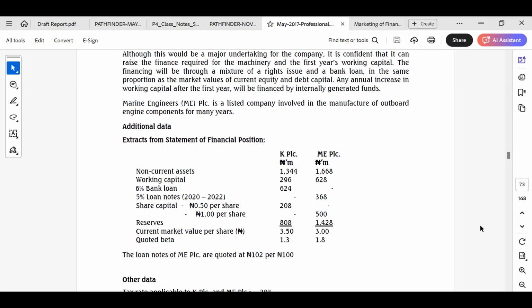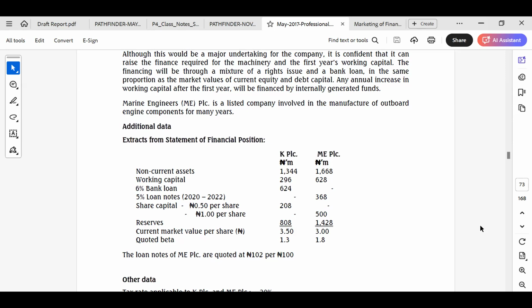Okay, we look at the statement of financial position, KPLC and MEPLC. Non-current assets, working capital, we have 6% loan. The 6% bank loan belongs to KPLC, 624. The 5% loan notes belongs to MEPLC, which is 2020 to 2022, which is 368 million.